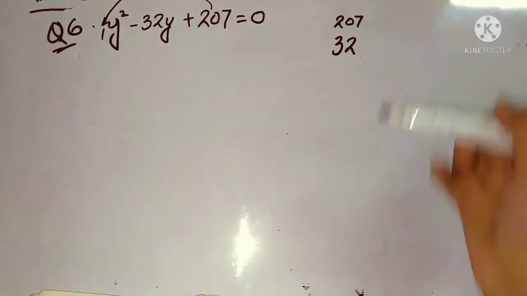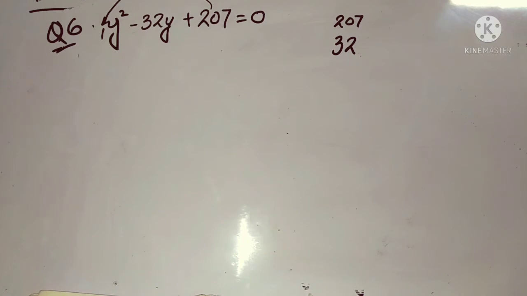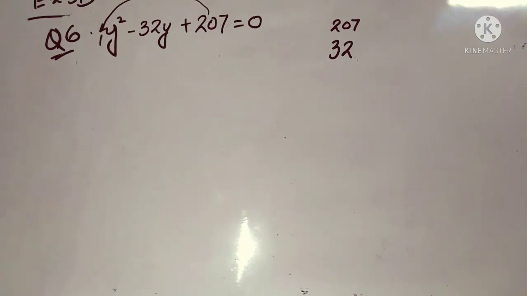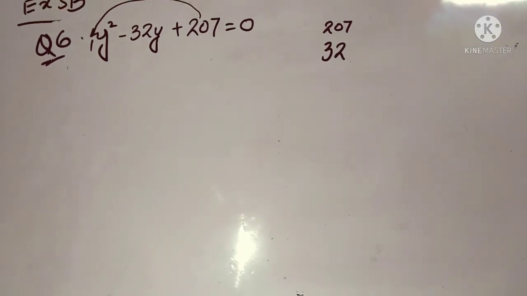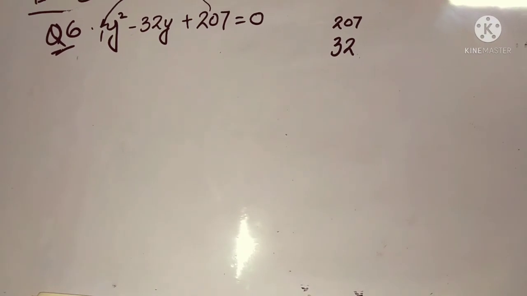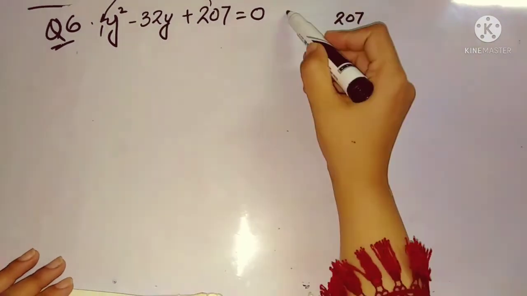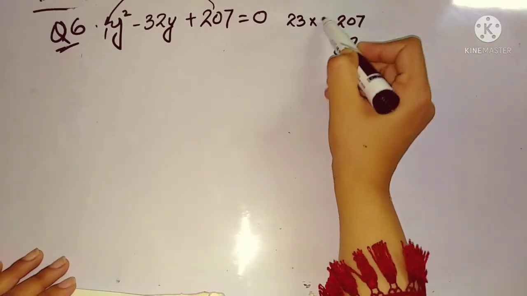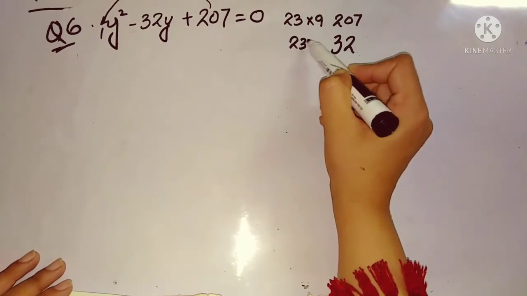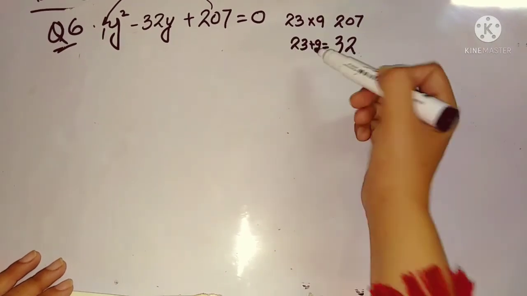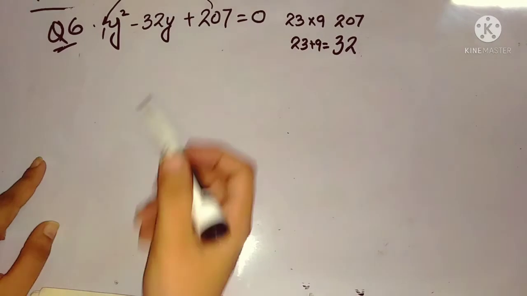Alright, so we have this equation. Now what we need to do is multiply 207 with the coefficient here, which is 1, and we will get 207, and we will write down the midterm. The midterm is 32. So now we are going to write down 32 and 207. And the midterm is 32.